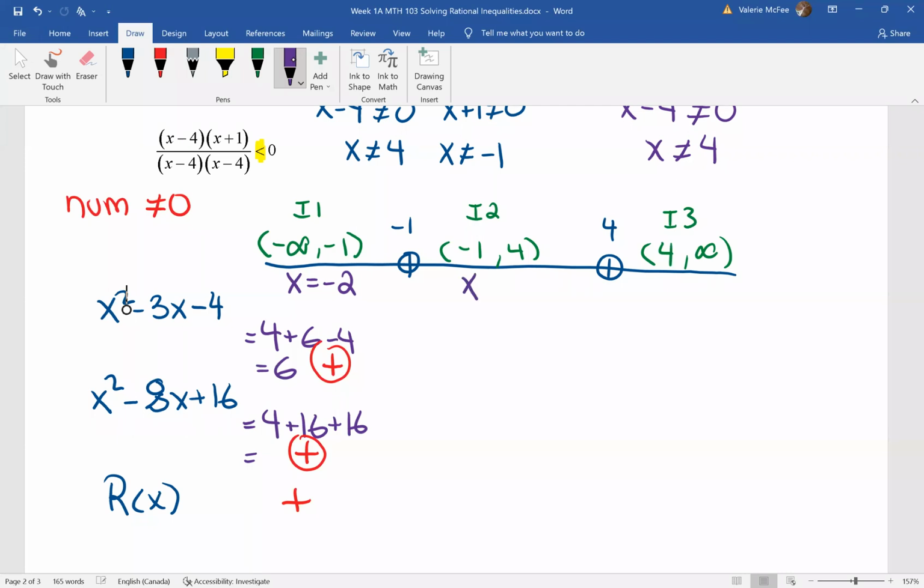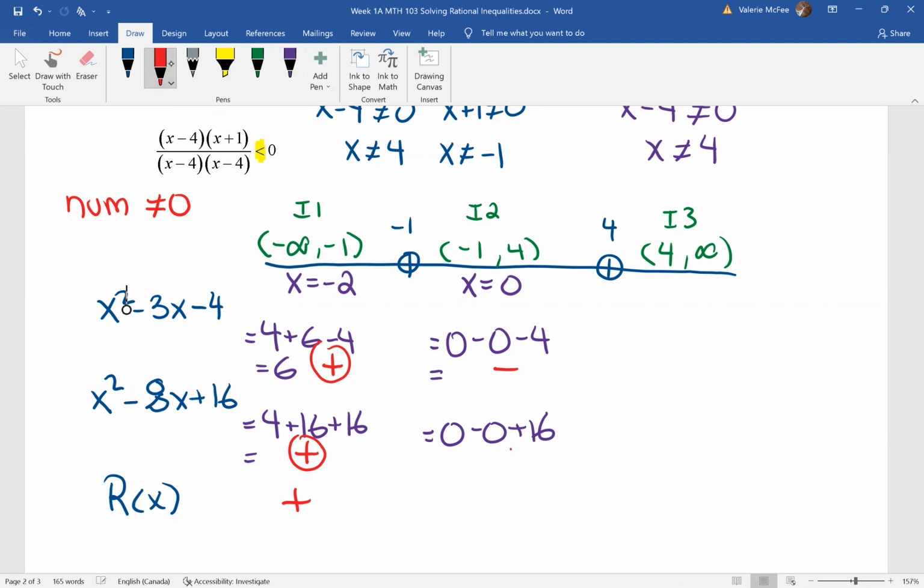In the second interval, I'm going to let x equal 0. I always choose 0 if I can. It's an easy number to work with. And then we substitute that into the numerator. 0 squared minus 3 times 0 minus 4. I see that that's going to be negative. 0 squared minus 8 times 0 plus 16.